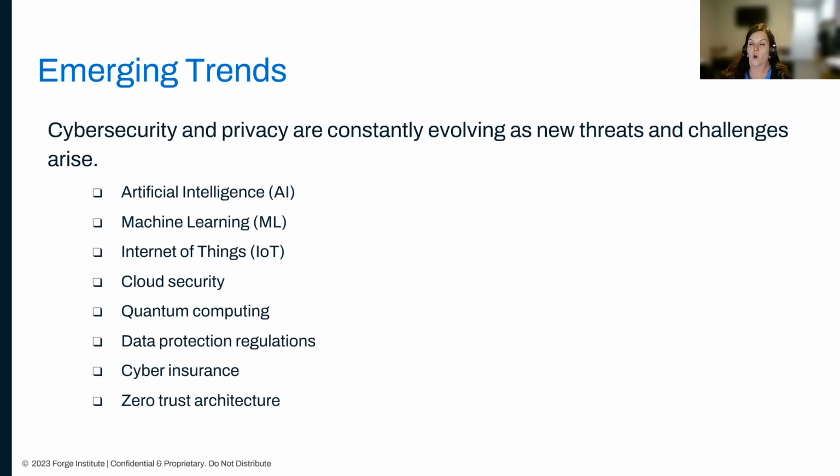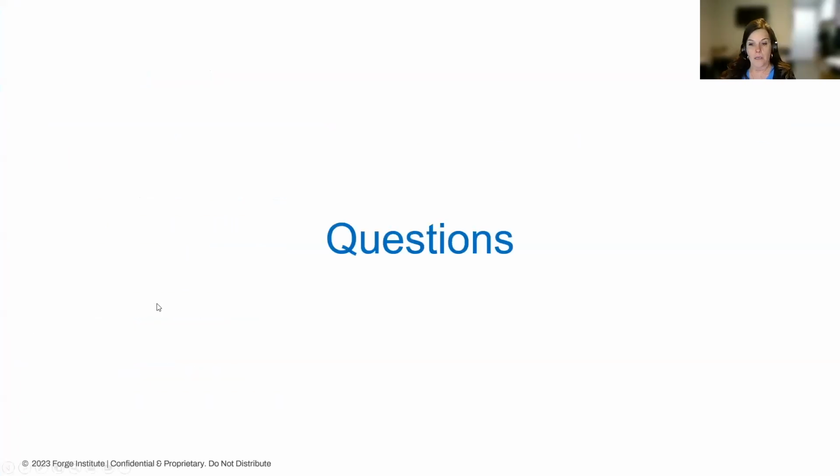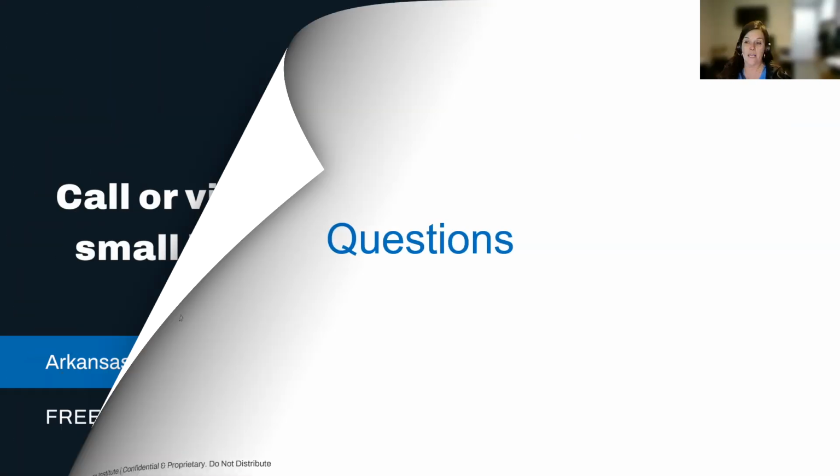Emerging trends are, for the most part, here, and how do they affect your organization, your privacy policies, the agreements and contracts that you have in place, and what do you do with them over time. So that is all I have for today.